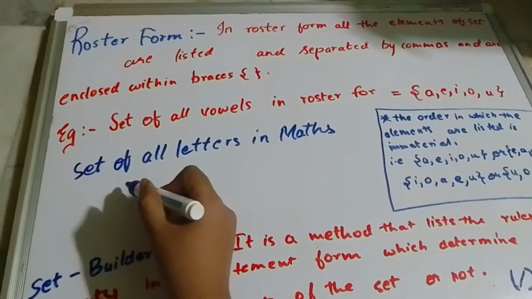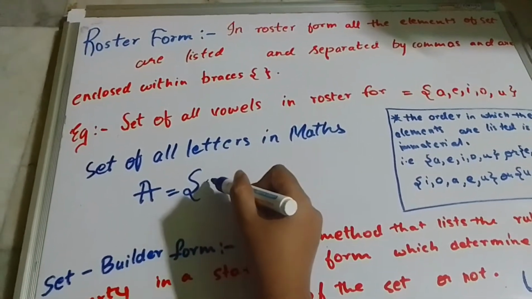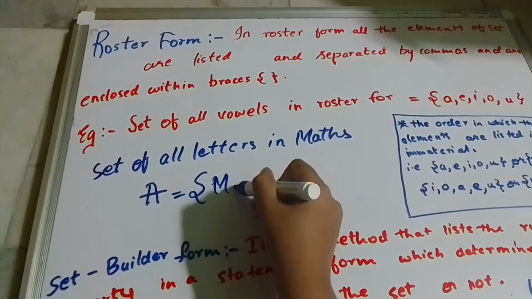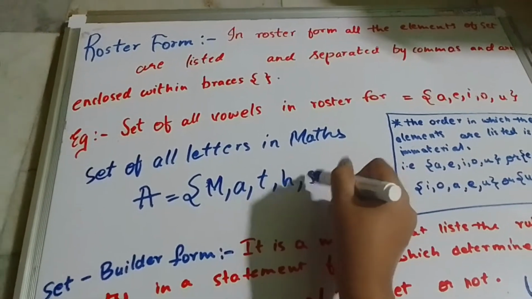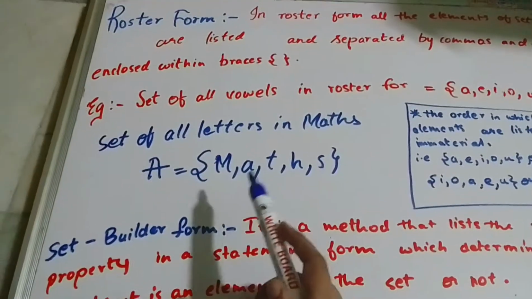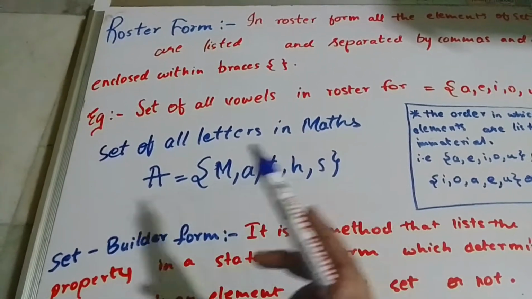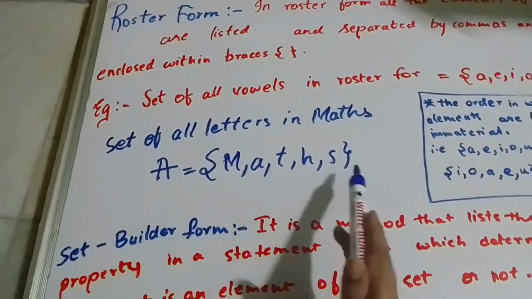Let A be the set of all letters in maths: M, A, T, H, S. First, we keep all the elements in brackets and separate them with commas. So this is the roster form.